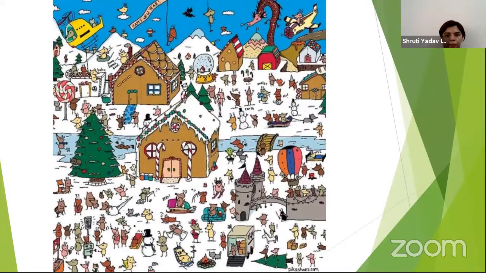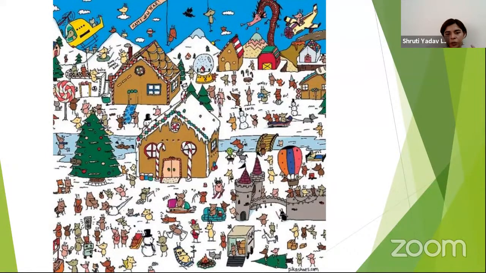In this picture, you're supposed to observe the picture for a while, and then I'll ask you a question about the presence of one living thing in this. So try to observe the types of living things in this. All the animals that you can see, all the snowmans you can see, non-living forms as well, trees, Christmas trees.